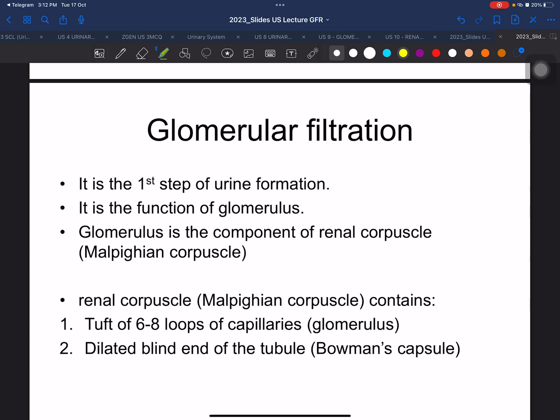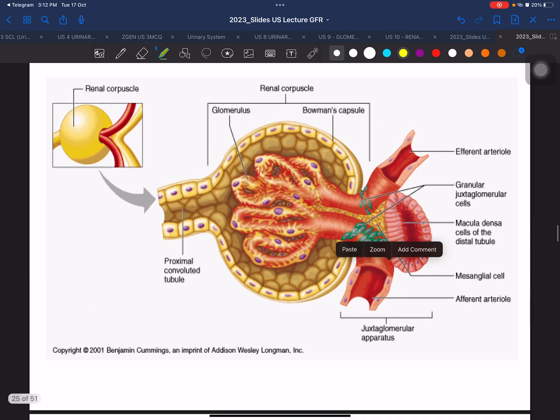Back to the structures, the glomerulus is a component of the renal corpuscle. When we say renal corpuscle, it represents the glomerulus and the Bowman's capsule.